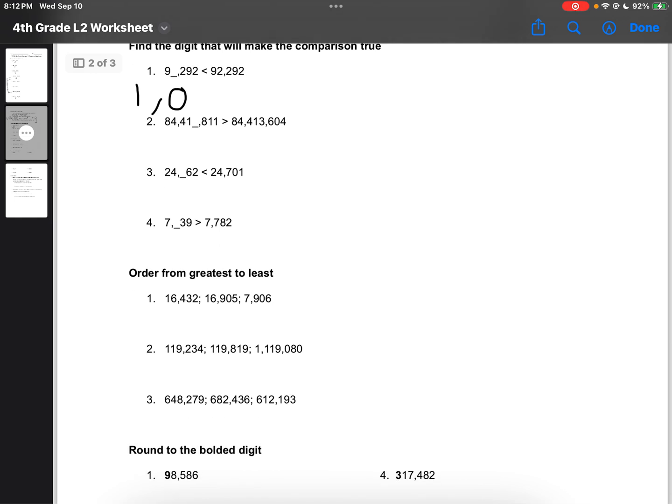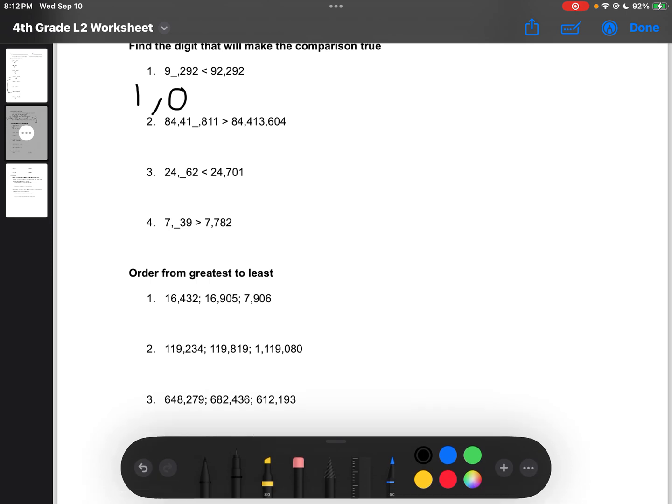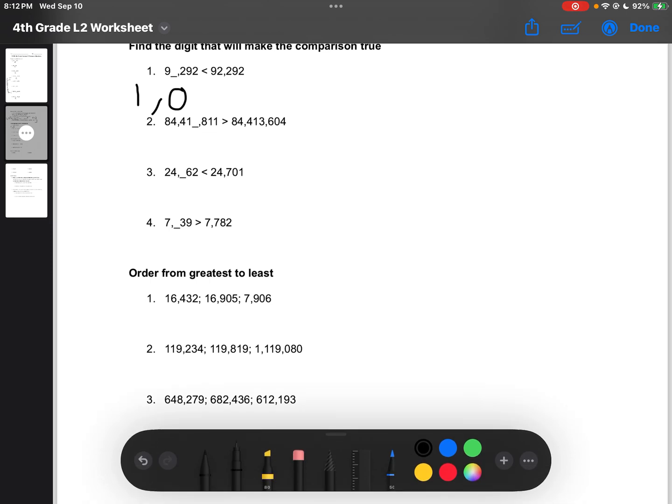Alright, number 2, 84 million 41 blank 811 is greater than 84,413,604. So it's greater than, and we see that the last 3 digits are greater than 604.